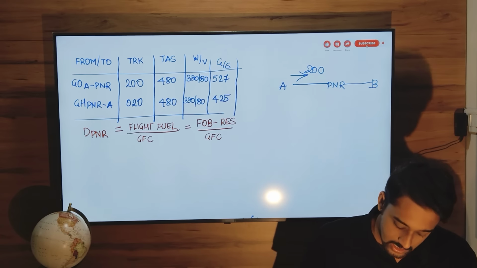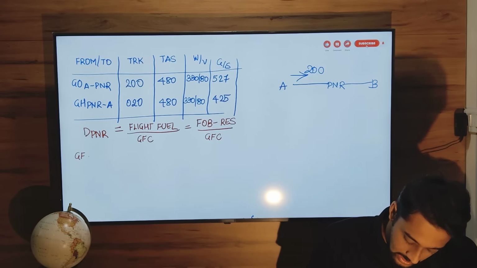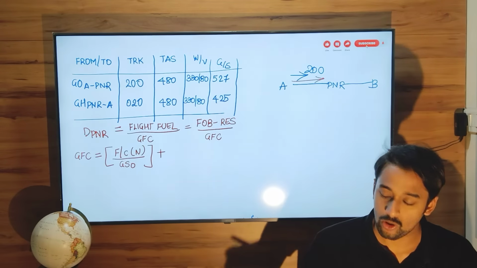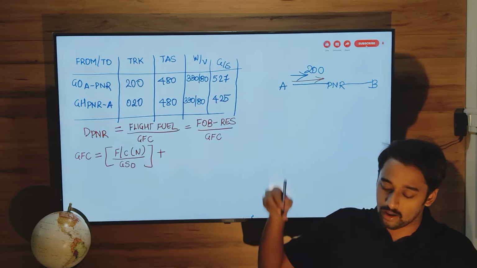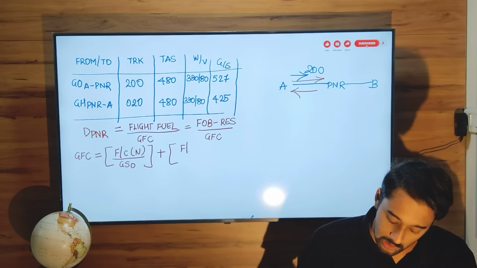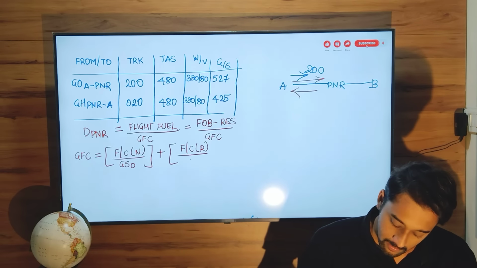Now what is gross fuel consumption? It is the normal fuel consumption rate divided by ground speed outbound, plus, coming back, the same thing but the reduced fuel consumption rate divided by ground speed homebound.